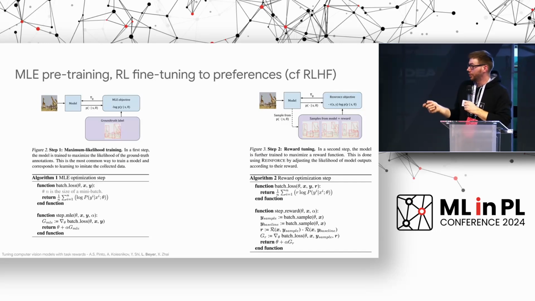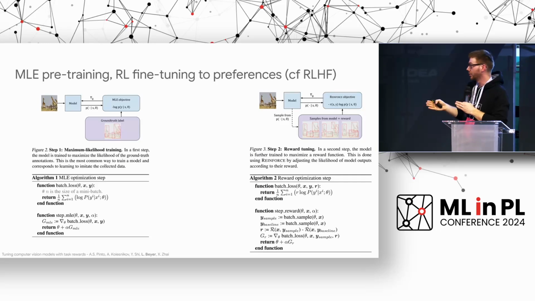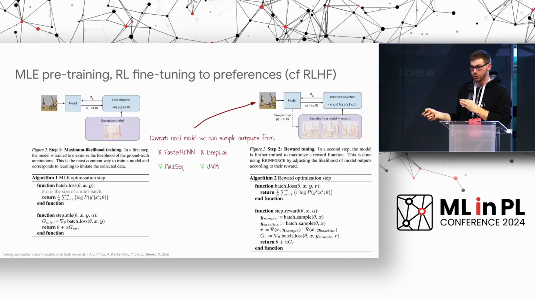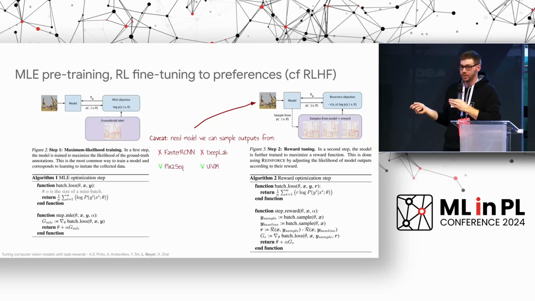So this is now a very common pipeline: first train your model with next token prediction such that it performs reasonably well on the task, but maybe it doesn't nail exactly what you care about. And then you use this model that is a good model as the start. You sample a bunch of outputs for an image, and then you have your metric that describes what you really care about, or it could even be your human that describes what is better, that scores each of these outputs.